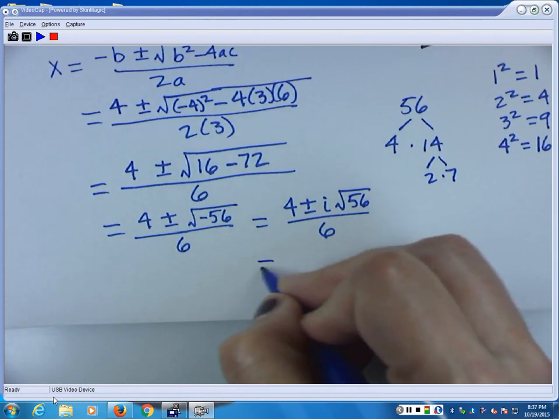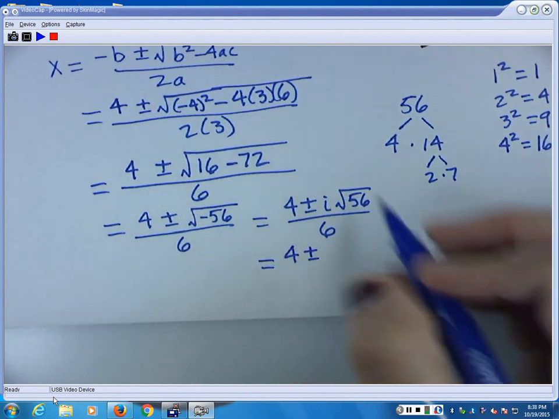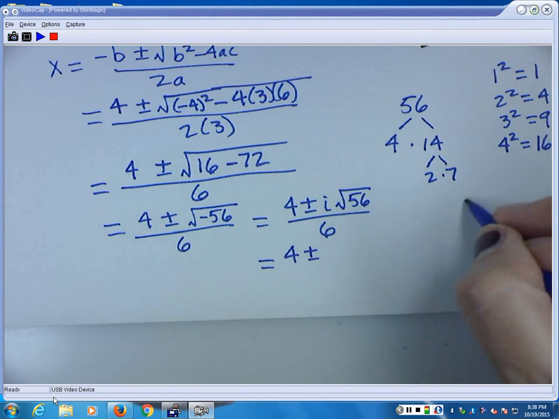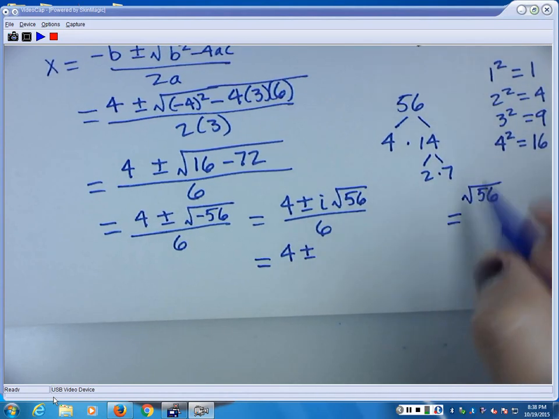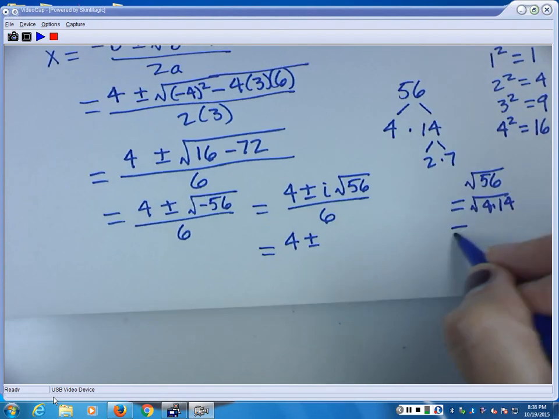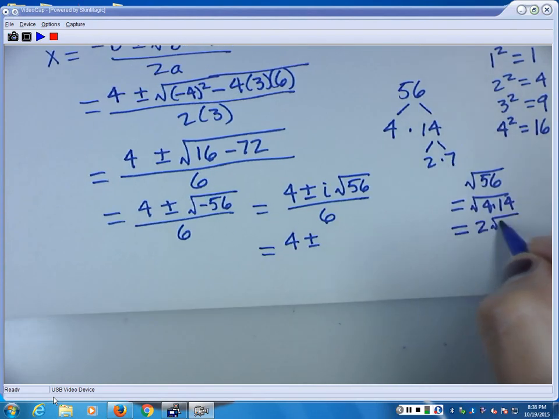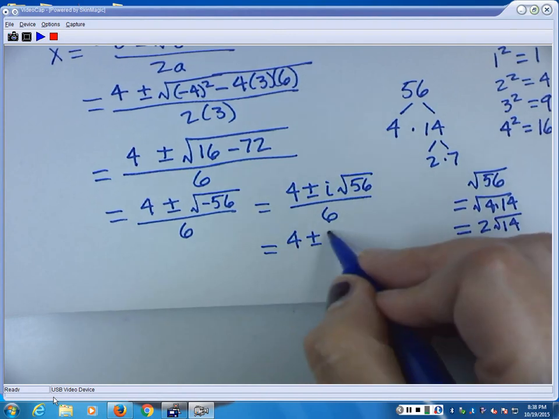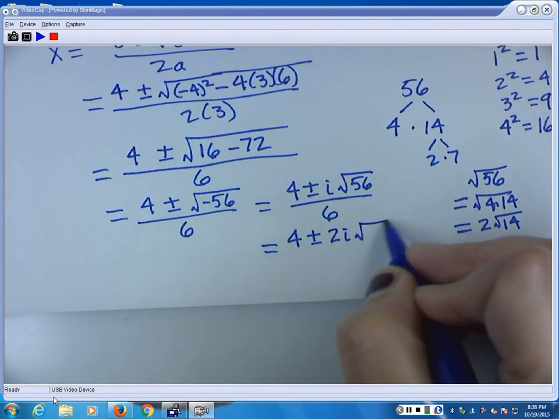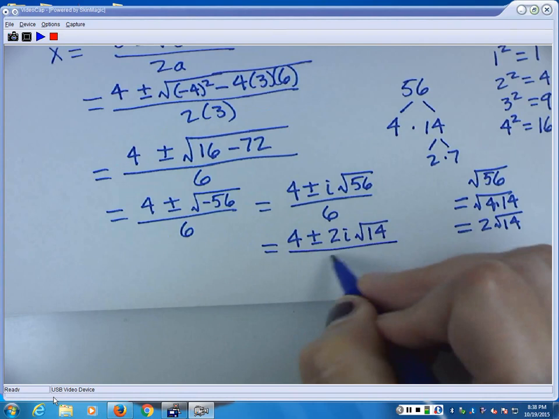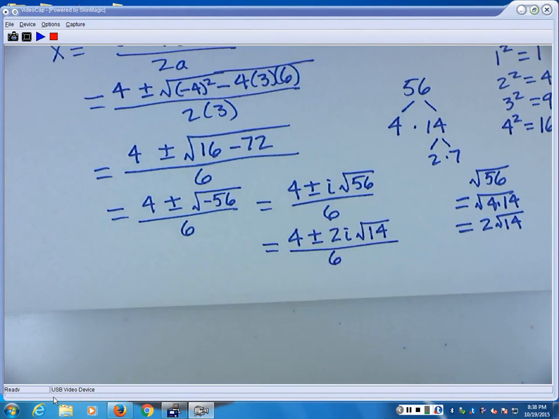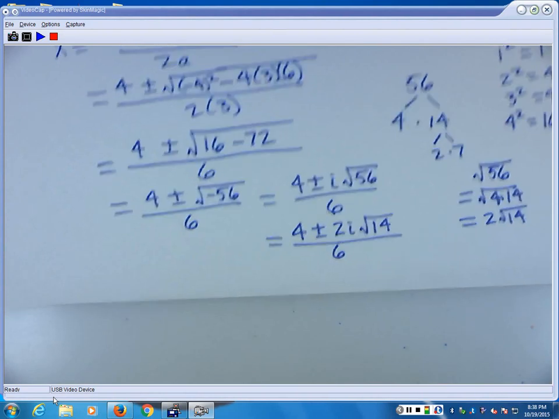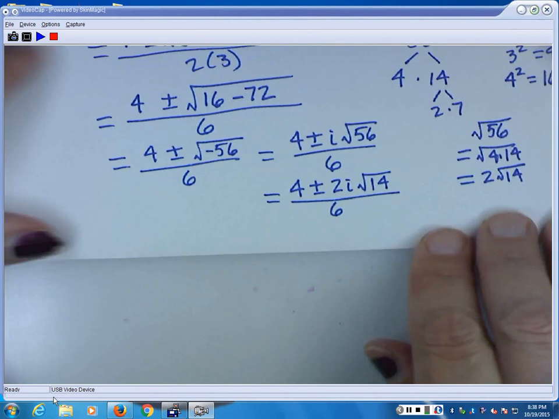Okay, so that's 4 plus or minus. The square root of 56 is going to be the square root of 4 times 14, which is 2 square root of 14. 2i square root of 14 divided by 6. Now I guess you may as well just separate this at this point.